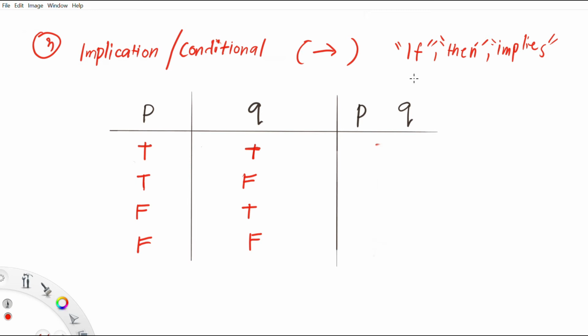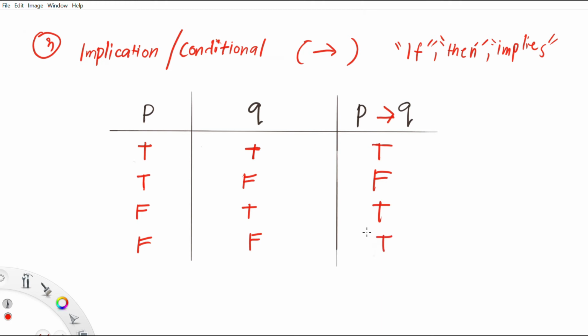So the symbol for this is an arrow towards the right side. So we have P implies Q. True implies true is always true. True implies false is false. False implies true is true. And false implies false is true.